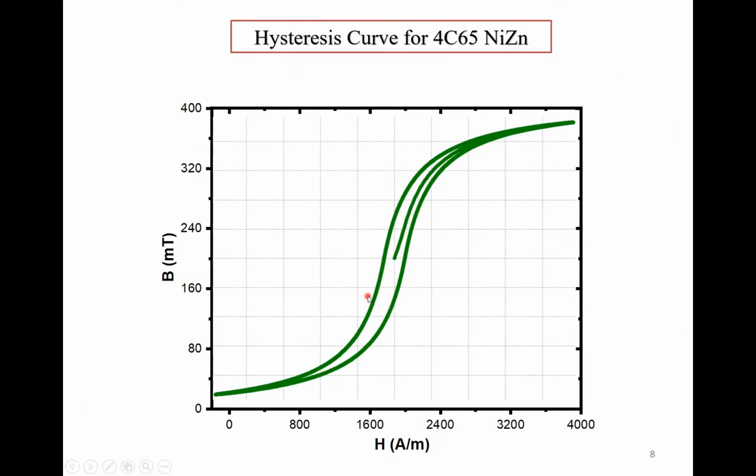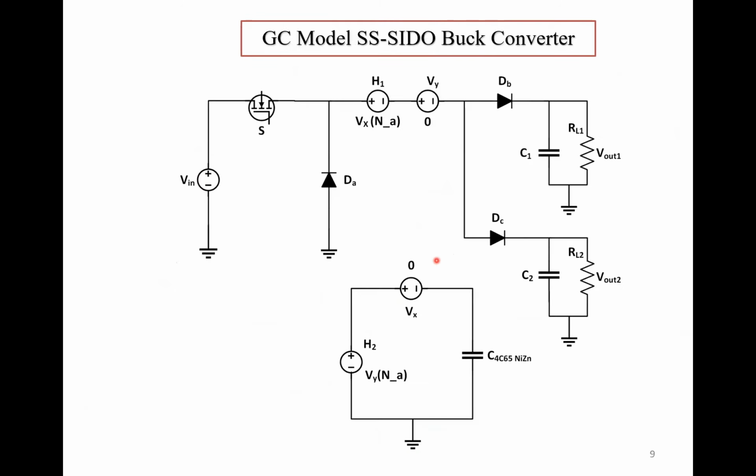So this is the BH curve for the 4665 nickel zinc magnetic material. This is the single switch pseudo buck converter where we are using the gyrator capacitor model to test 4665 nickel zinc in this converter instead of the linear inductor.